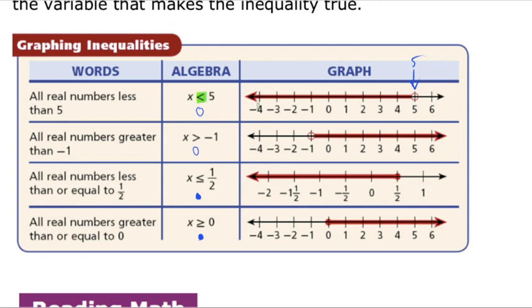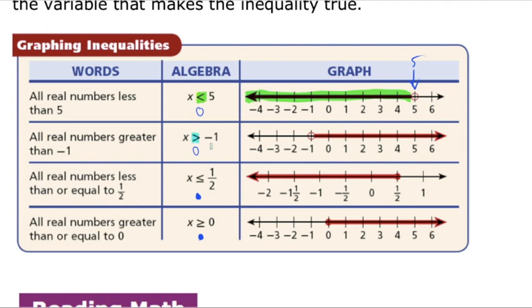Let me go over this again. My arrow is pointing to the left. So all the numbers to the left of 5 are going to be included in the answer. That's why you see this shading to the left of 5, because every number less than 5 is part of the answer. And you can see it on the second one as well.